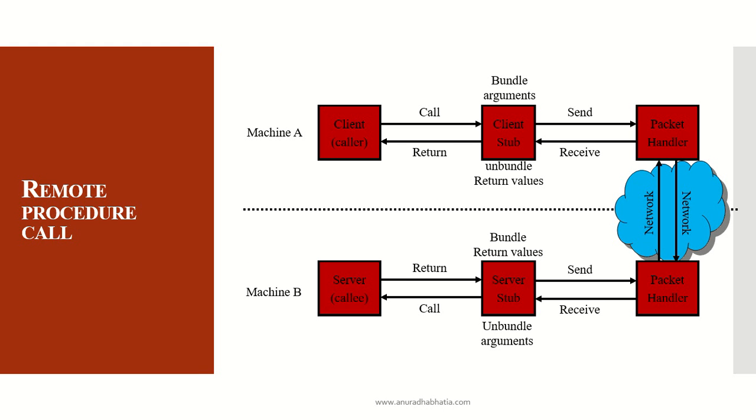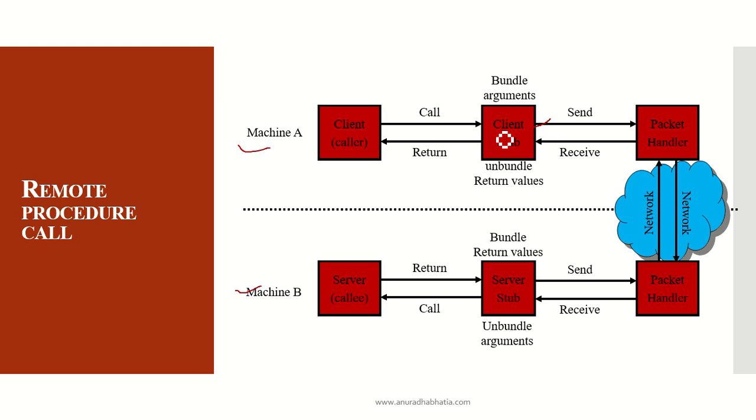Now this is an information flow diagram for the remote procedure call. These are the two machines which want to execute and interact with each other remotely. So what happens? The client, the caller, calls and sends the bundle of arguments to the client stub.